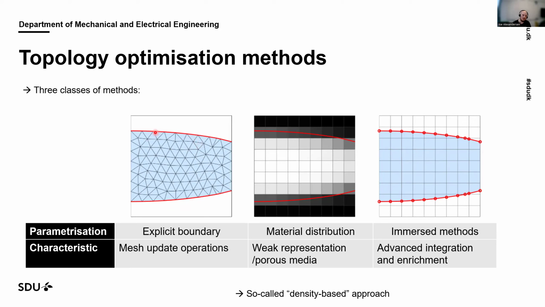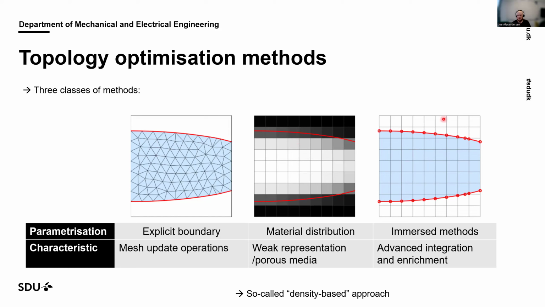We can also do optimization on that, and that has certain benefits, but also some drawbacks. Then we have the material distribution approach, or the ersatz material approach, or density-based approach. It has many different names, but that's where we have a more weak representation of our solid, which again has certain benefits, but also some drawbacks.